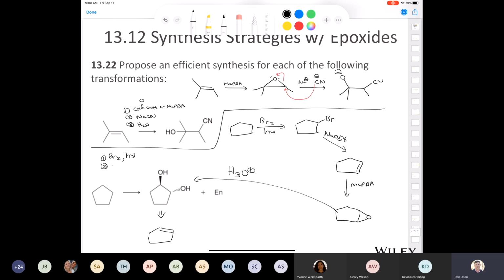The second step is sodium methoxide or DBU would work. The third step is to treat it with MCPBA, and the last step is to treat it with H3O plus to break that open and make a trans diol like that. All right, boom. Who thinks they could do those?